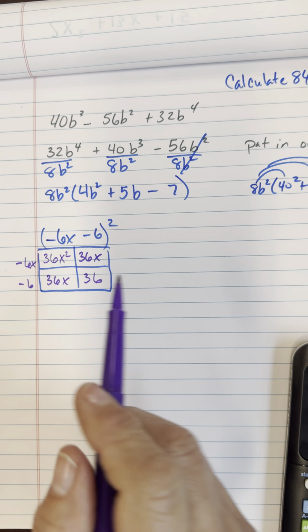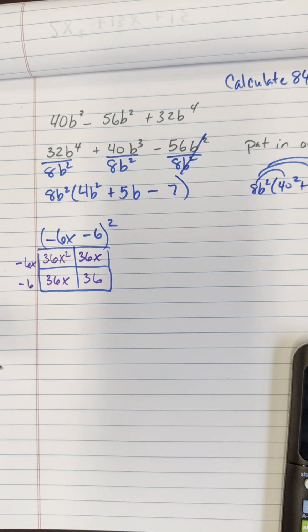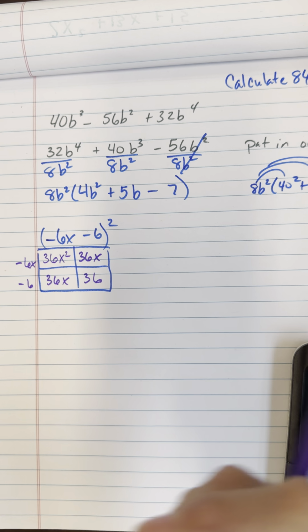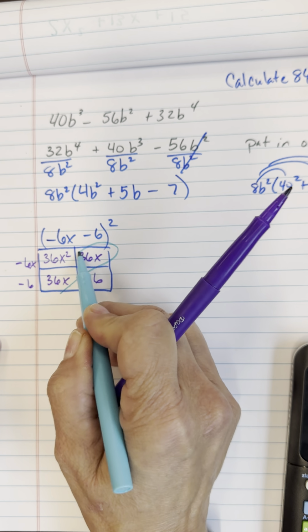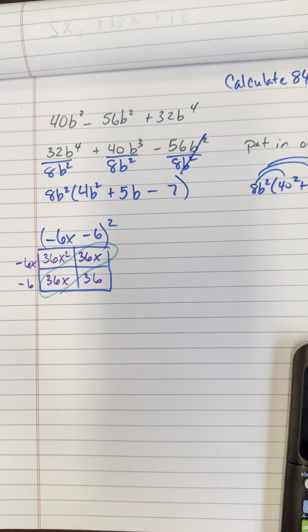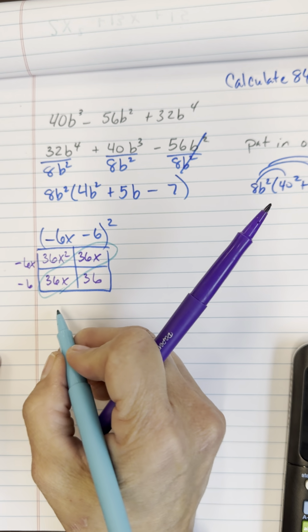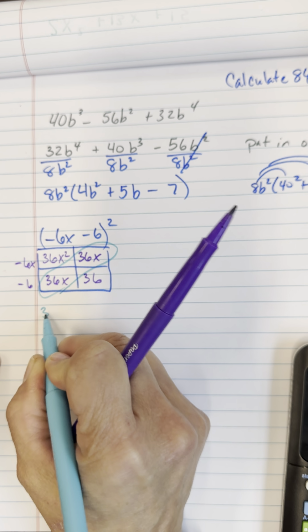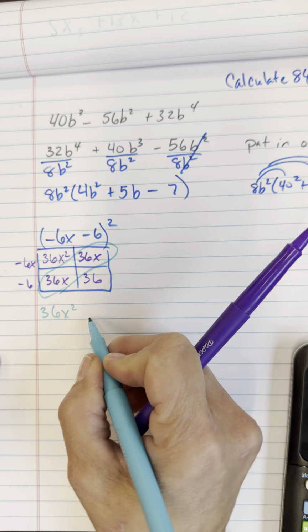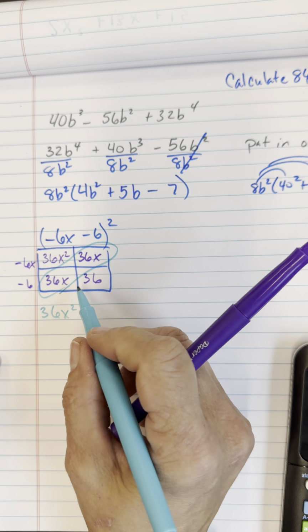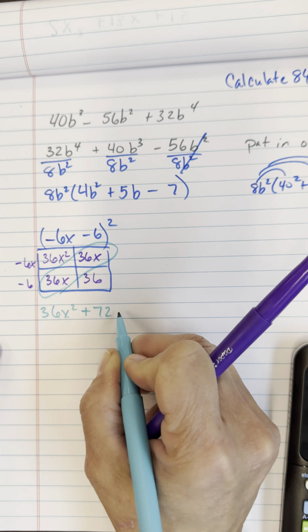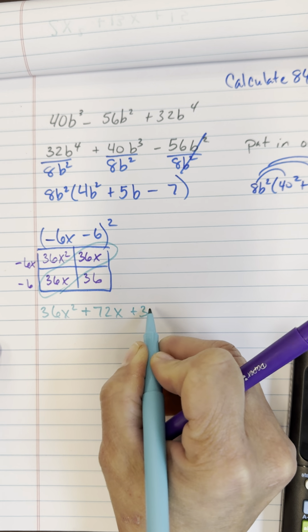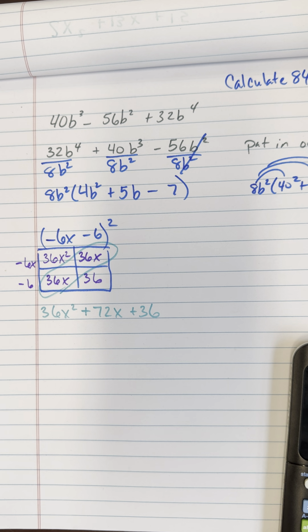And since everything is negative, everything inside the box is positive. And then your middle term, you add together. And so you had everything correct except for you had a negative for the 72. So 36 plus 36 is going to be positive 72. And that was your only issue for that number.